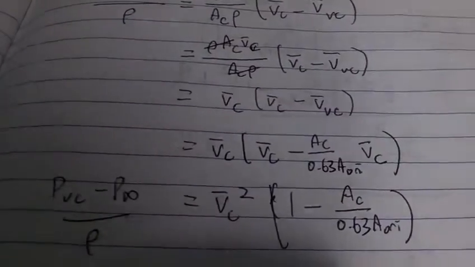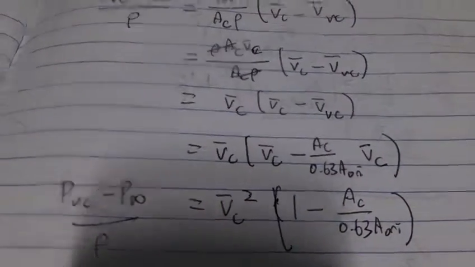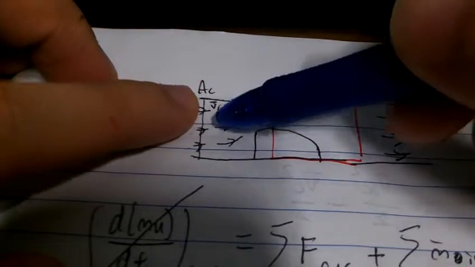Since we want to find the pressure drop from here to here, we don't have to derive anymore. We already derived the pressure drop from here to here and here to here, so we just add the pressure drops up.